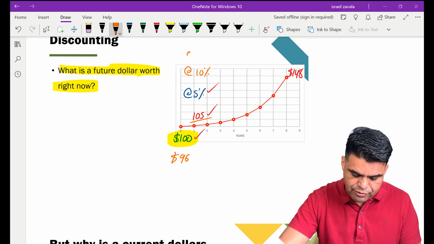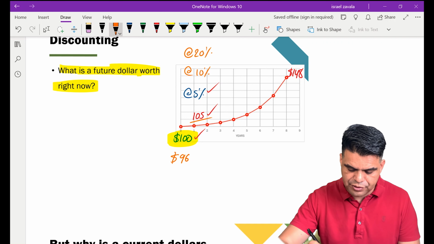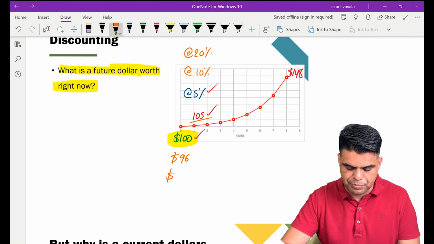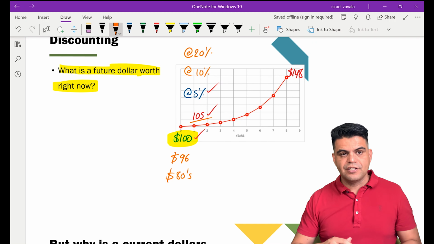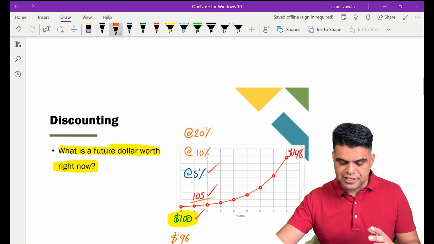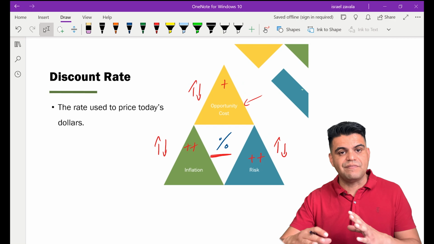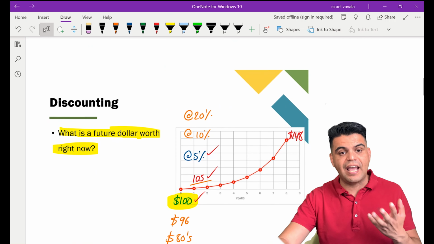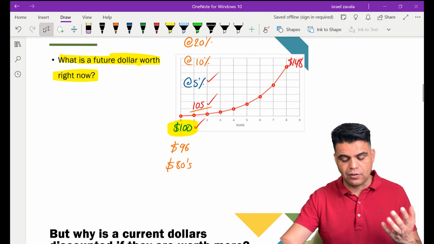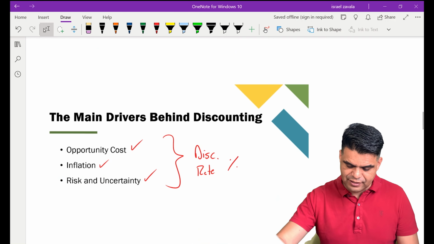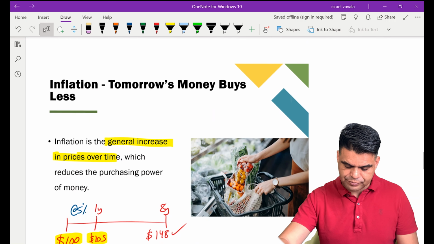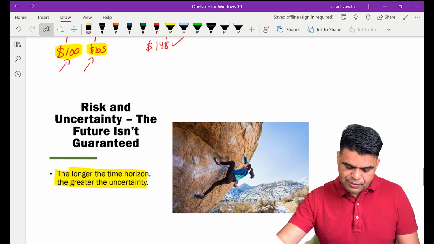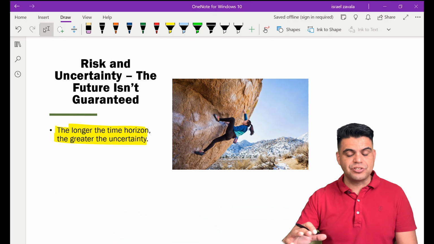And if we increase the discount rate even further, this would probably fall into the 80s somewhere. So you see, as we increase the discount rate based on our evaluation, the dollars in hand actually become smaller and smaller. Okay, all right, that's a little deviation. Okay, so we were talking about risk and uncertainty.